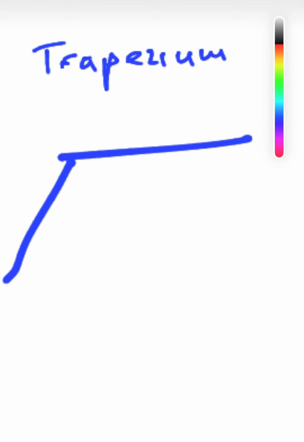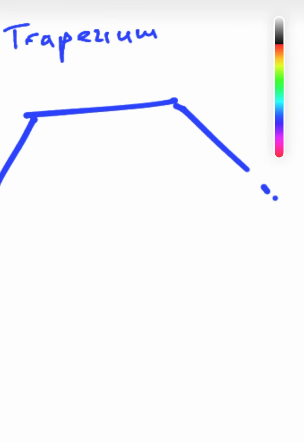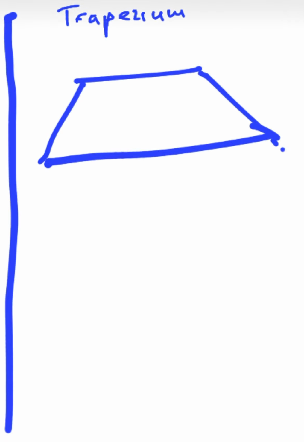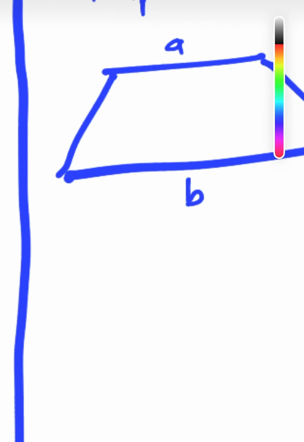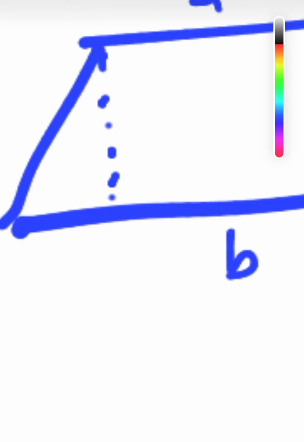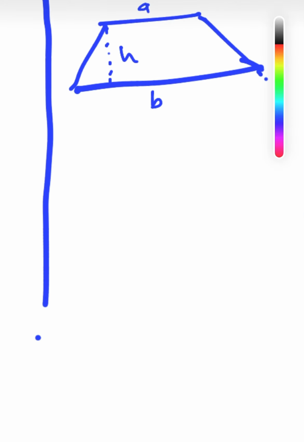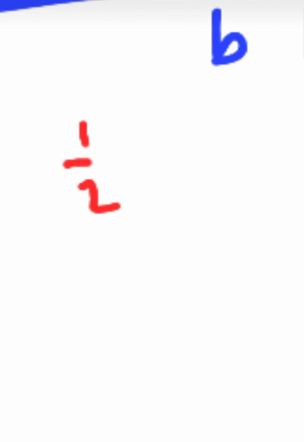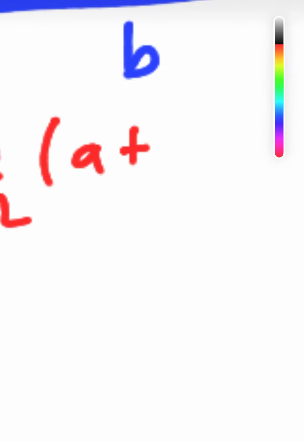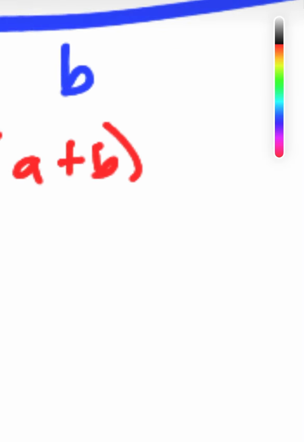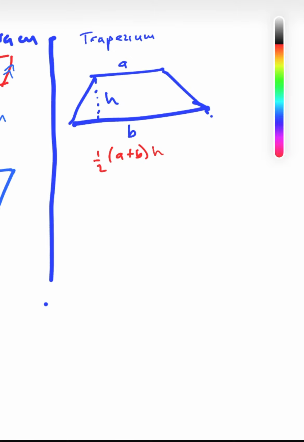So I'll have something like this. I can call this side A, and this side B. Then this side, let me call it H. Then my area is going to be 1/2 of A plus B, then H, that's the height. That's the area of a trapezium.